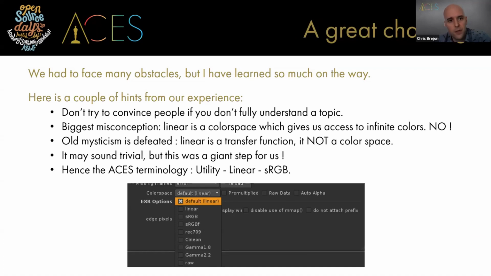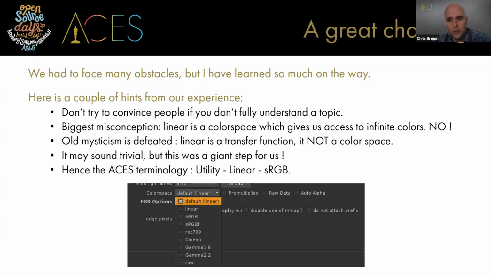We had to face many obstacles, but I have learned so much along the way. Here are a couple of hints from our experience. First of all, don't try to convince anyone if you don't fully understand the topic. Secondly, we realized that one of the biggest misconceptions in the industry was about linear, that it was some sort of color space that would give you access to infinite colors. Not at all.